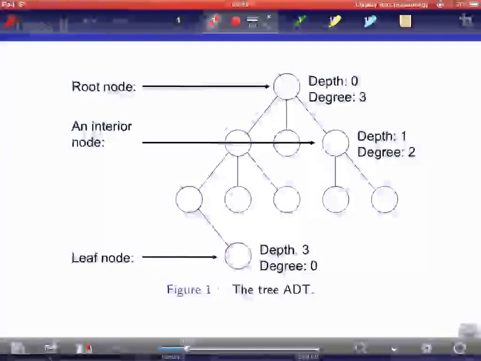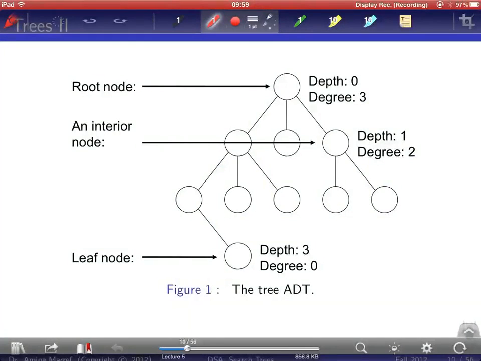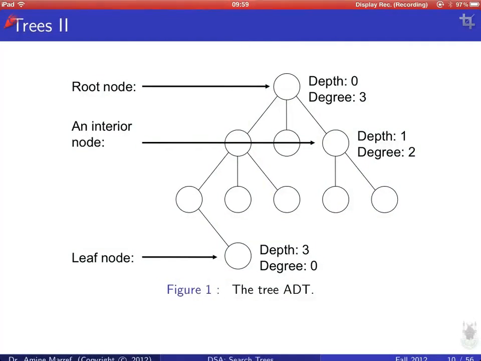Now, a binary search tree is a binary tree, okay? However, it has got keys, it has got elements of the dictionary inside it, organized in a special way. Okay, so let's not get lost. We have seen a tree, and then a special case of a tree is a binary tree, and then a special case of the binary tree is a binary search tree, which is the most important tree for us in order to implement the dictionary abstract data type.